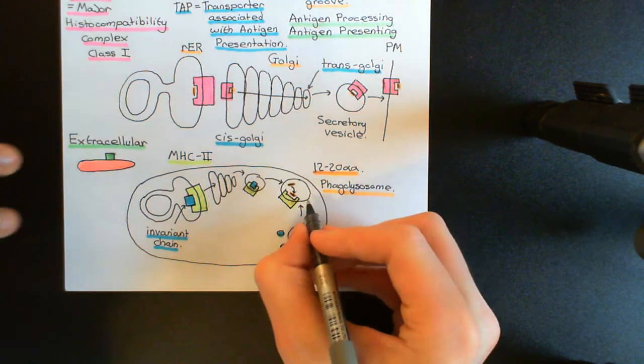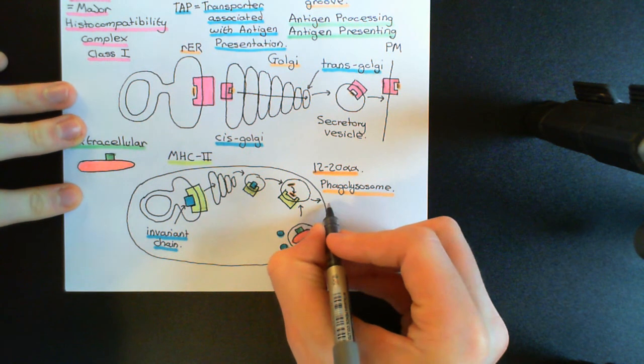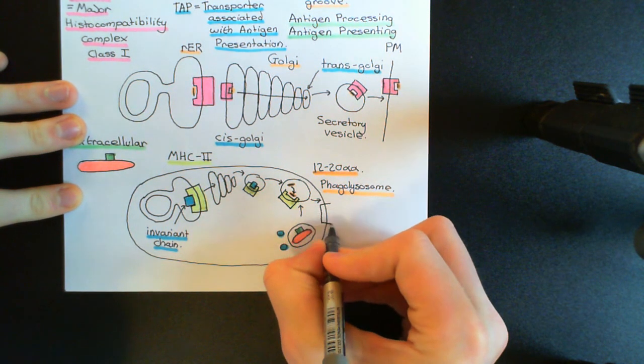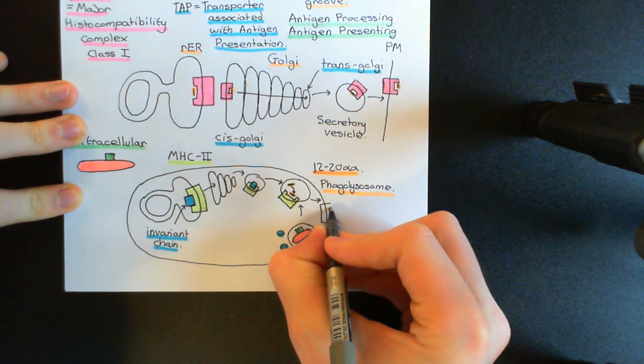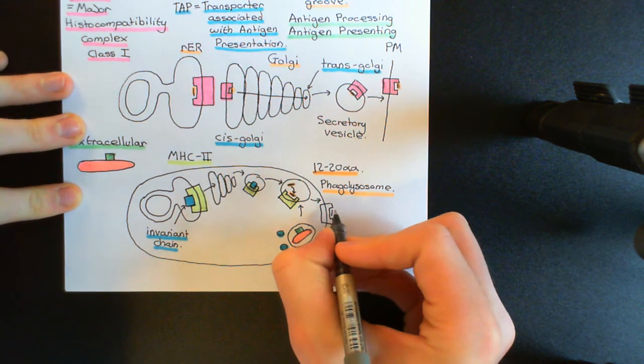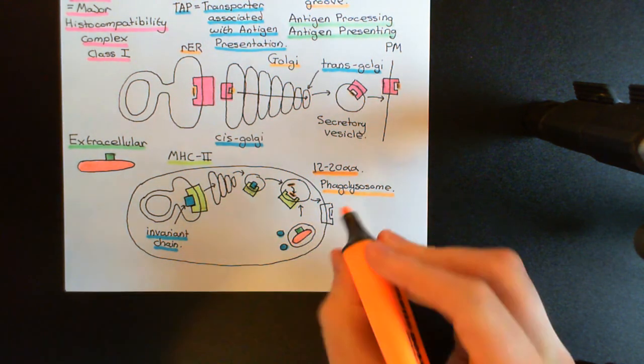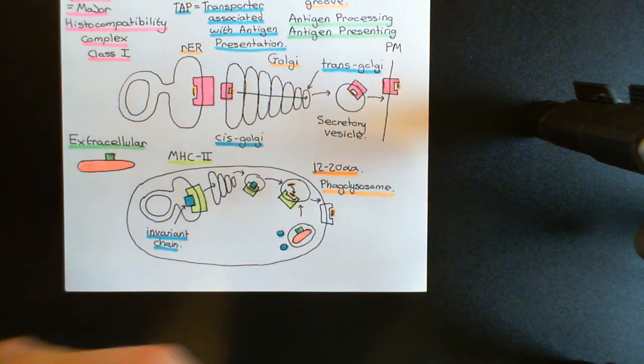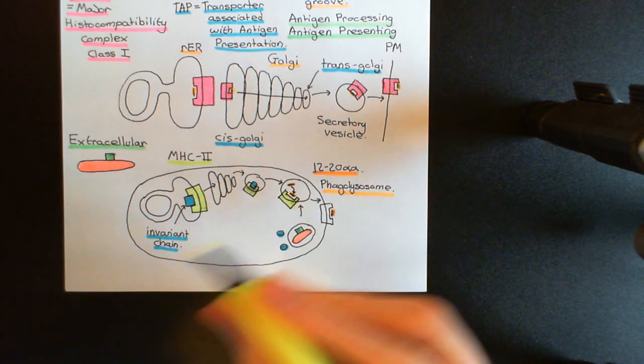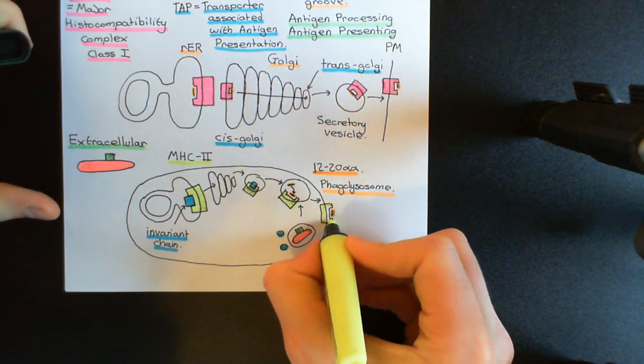And then, of course, this will fuse with the plasma membrane so that these MHC class 2 with peptide complexes are put on the surface of the antigen presenting cell. So here is the antigen fragment, and here is the MHC class 2.